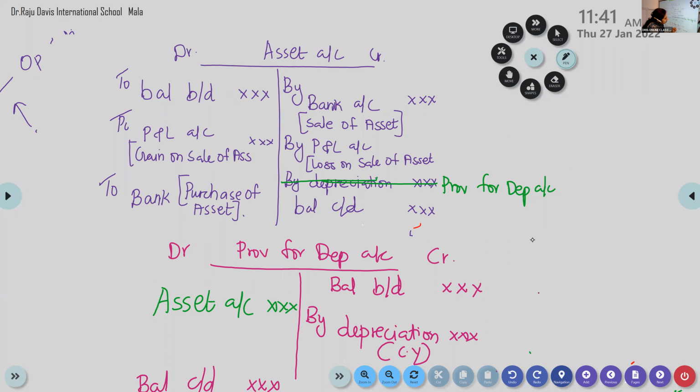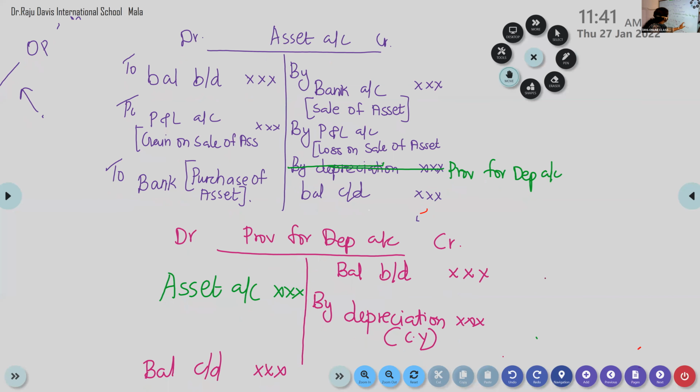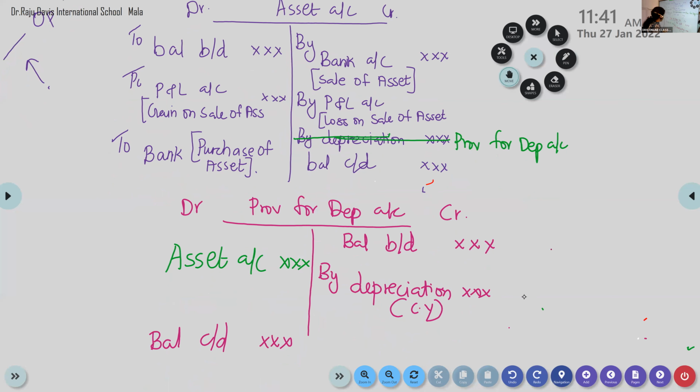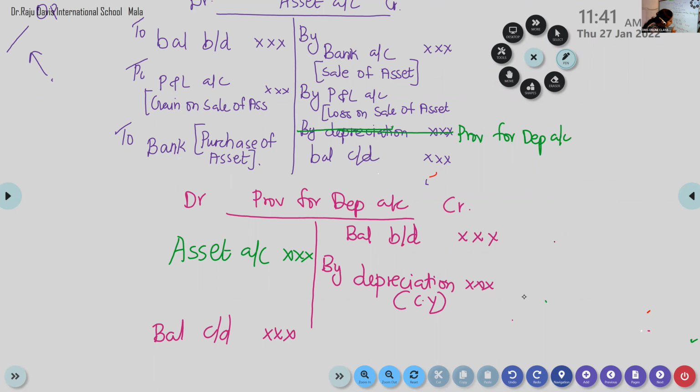Now, if the business maintains a provision for depreciation account, then you will have to prepare the provision for depreciation account also, and show the balance BD and CD. The change here is, earlier we wrote depreciation. Instead of this depreciation, you will write provision for depreciation, because depreciation is a loss and the business is maintaining a provision to compensate it.